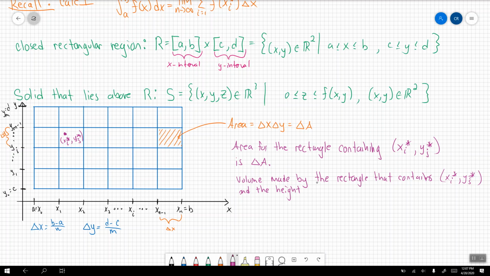The height of, I'm going to say, S star.